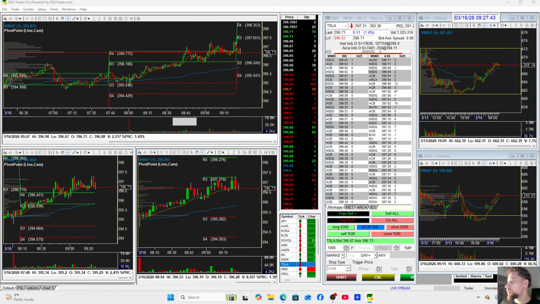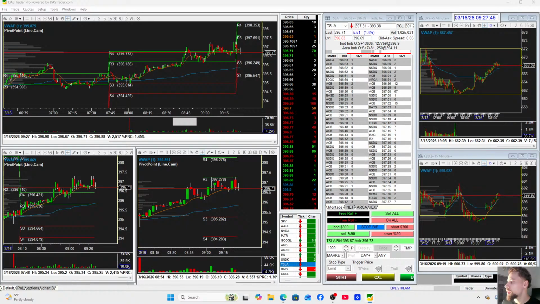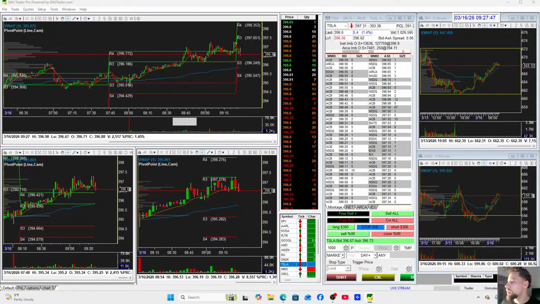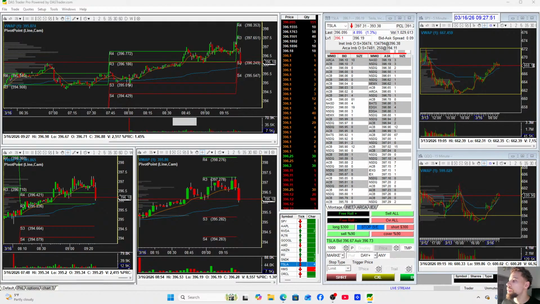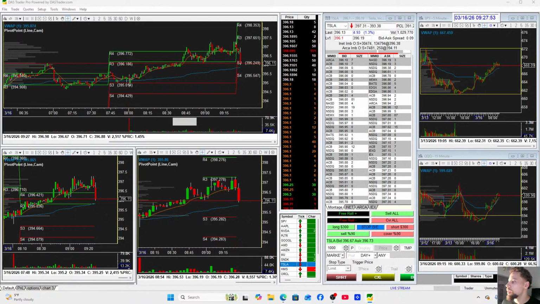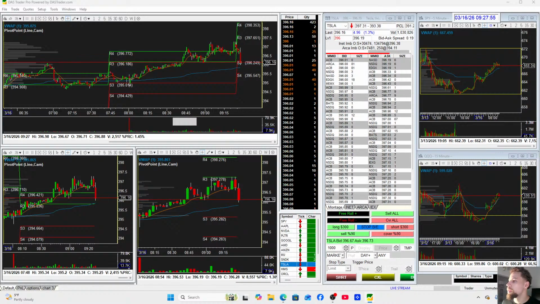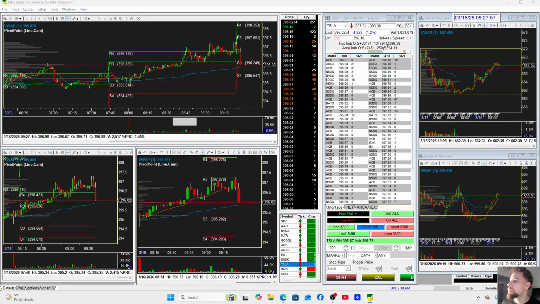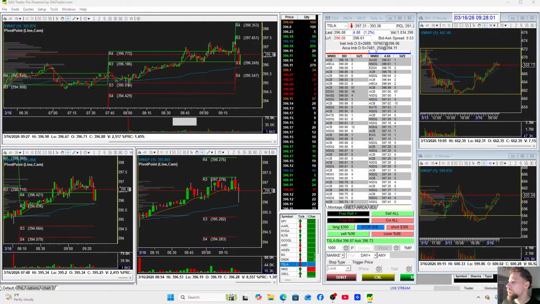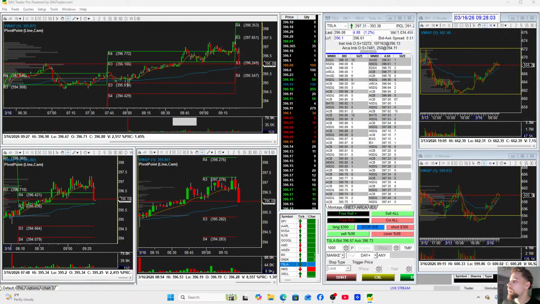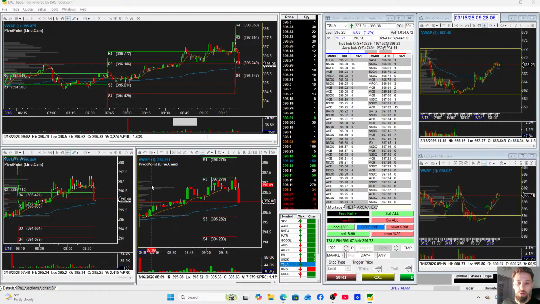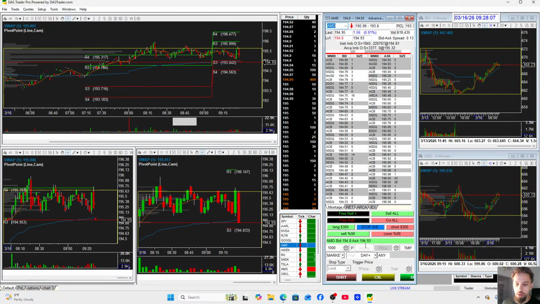Okay, AMD weekly, let's see, daily. On the daily chart of AMD, it's opening near S3, and it's near S4 on the 60. Let's put AMD on our screen here.